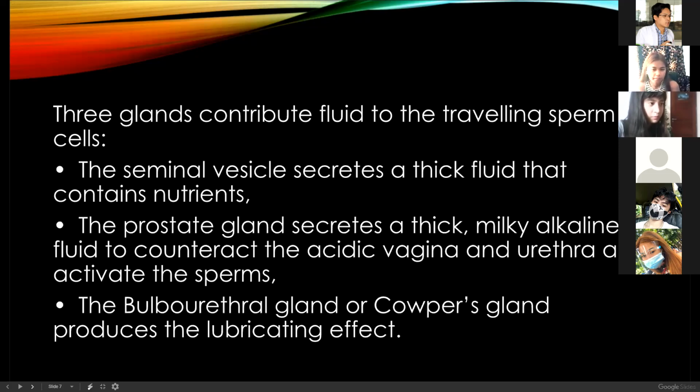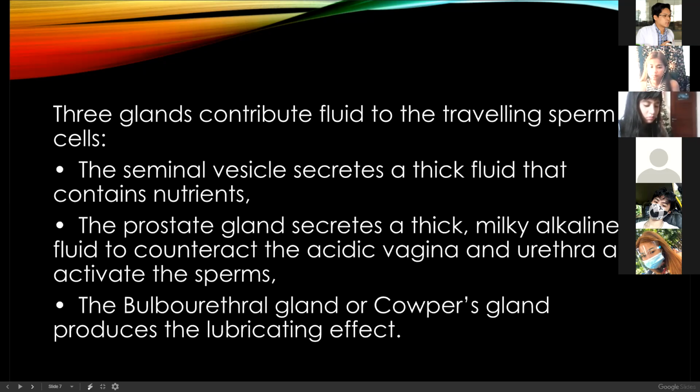Again, the prostate gland is really important. The fluid that the prostate gland secretes helps the sperm fight the acidic vagina. Remember that these sperm cells are basic, in base form.